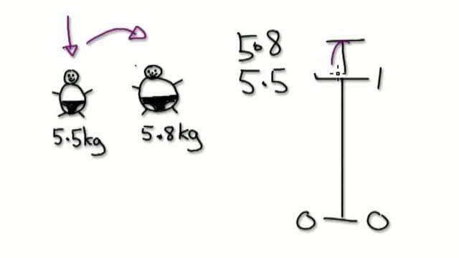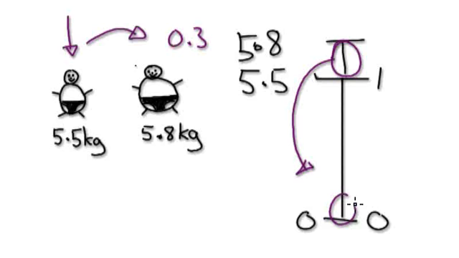So what is this increase here? It's actually 0.3, isn't it? So let's move it down here. So it's somewhere down here. So what is this level here? Compare it to the original. This is 0.3 here. This is the increase here.